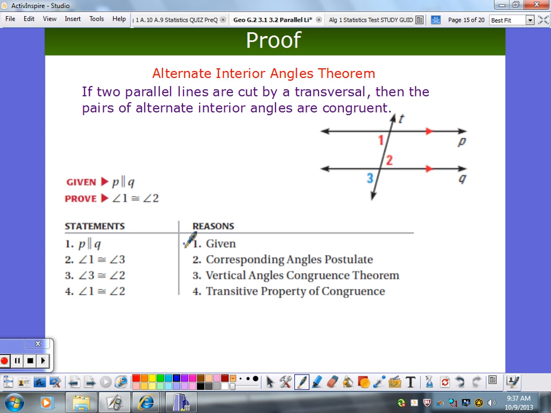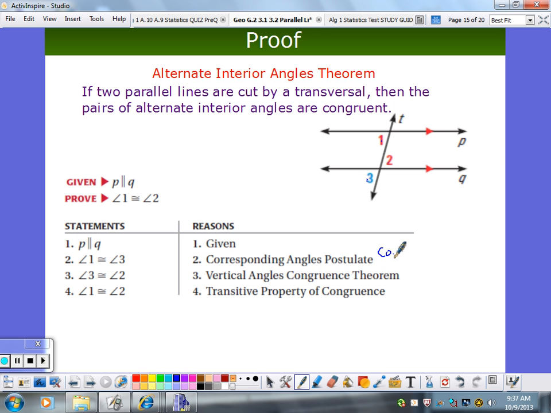Angle 1 is congruent to angle 3. So we doctored up our diagram. Why are 1 and 3 congruent? They're corresponding angles. We have a postulate for that. We're going to assume that's true. I will say this, I usually don't write this.